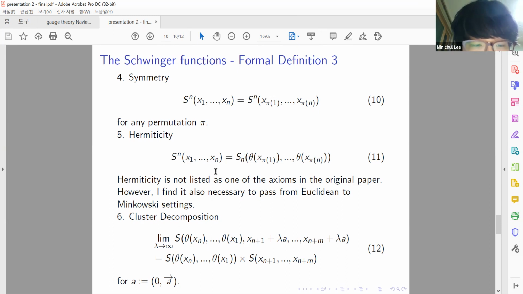In fact, hermiticity is not listed as one of the axioms in the original paper. However, upon doing the research, I also find it necessary to pass from the Euclidean to Minkowski settings, so I include the hermiticity here. And lastly, the cluster decomposition property is very much similar to the Wightman case.